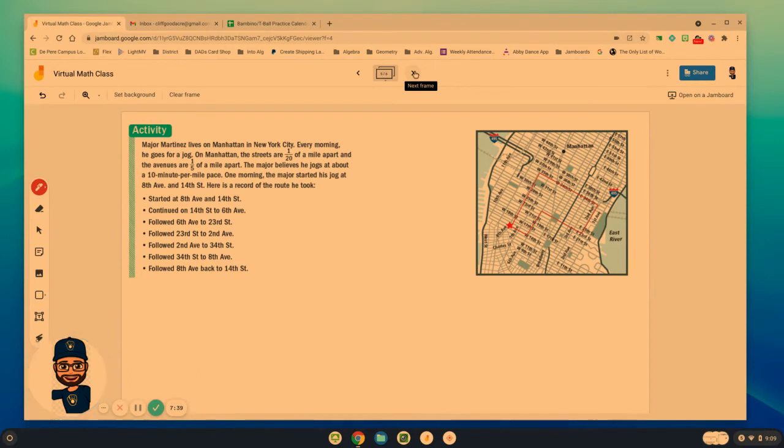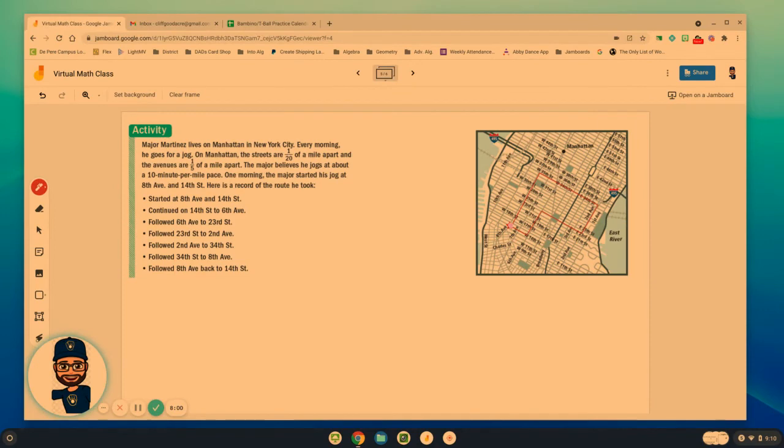Now, the last one is applying that to a map, and this is coming from the textbook, which you probably don't have access to, but it's saying that Major Martinez lives in Manhattan, and every morning he goes for a jog. In Manhattan, the streets are 1/20th of a mile apart, and the avenues are 1/5 of a mile apart. He believes he jogs at about a 10-minute per mile pace. One morning, this was his route.